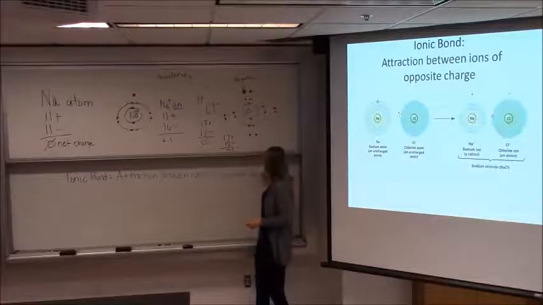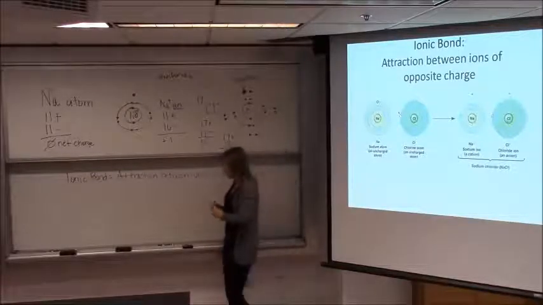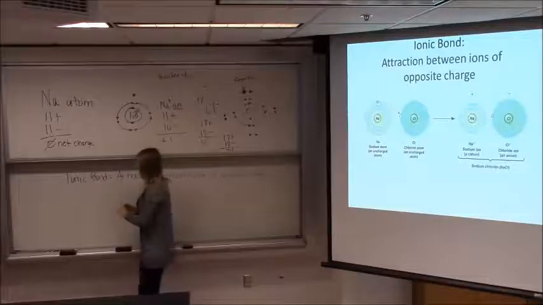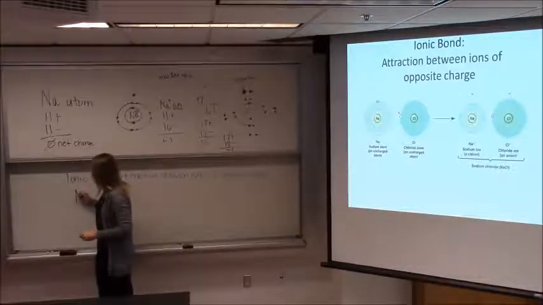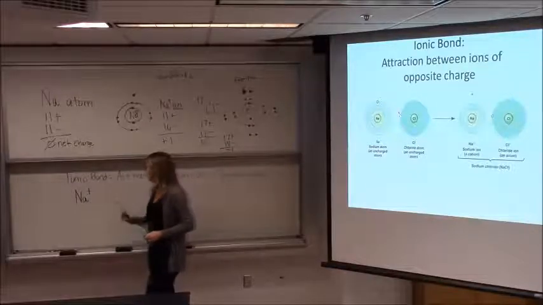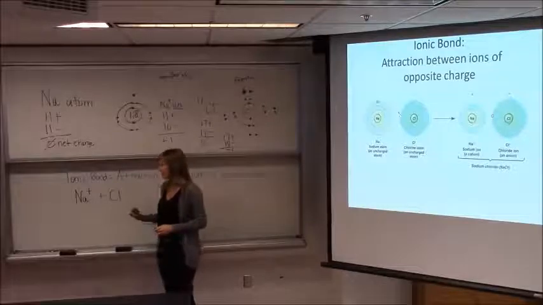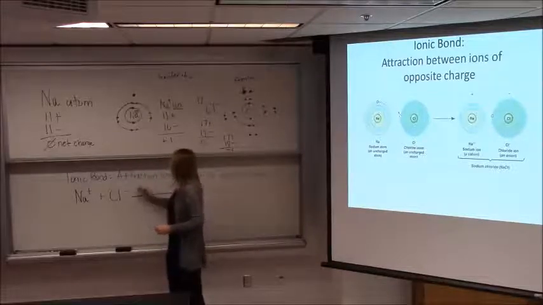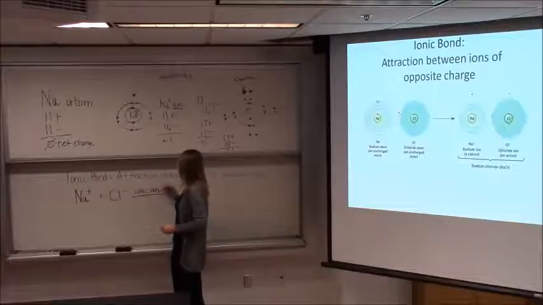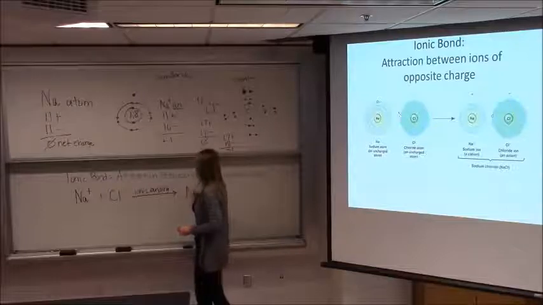So if we were going to write the chemical equation for sodium chloride forming, we would have not a sodium atom, but a sodium ion plus a chlorine ion. And through ionic bonding, opposites attract, we're going to end up with sodium chloride.